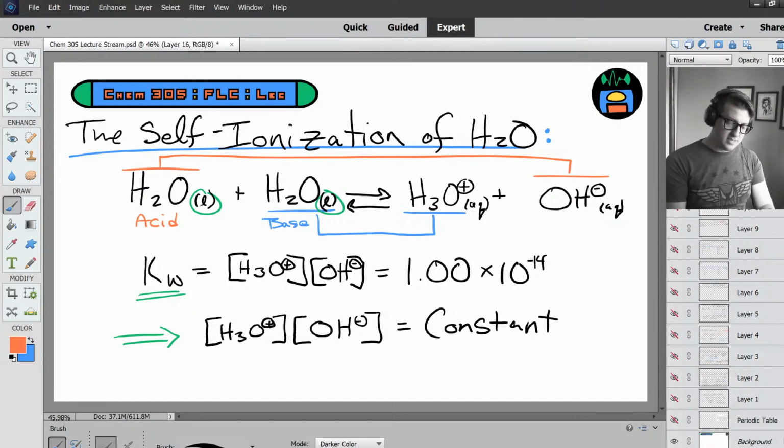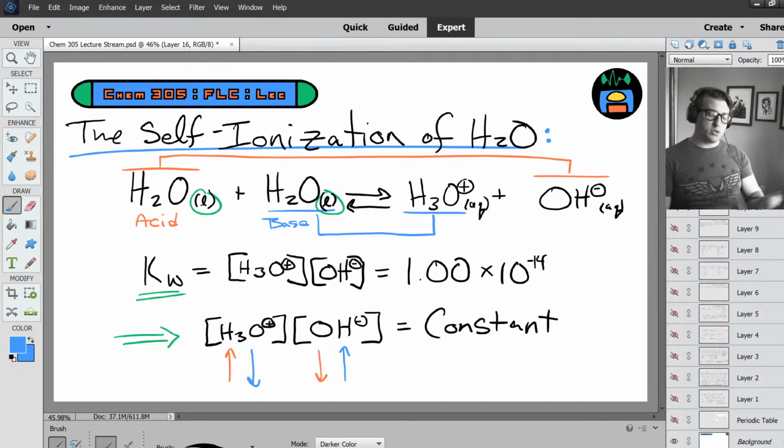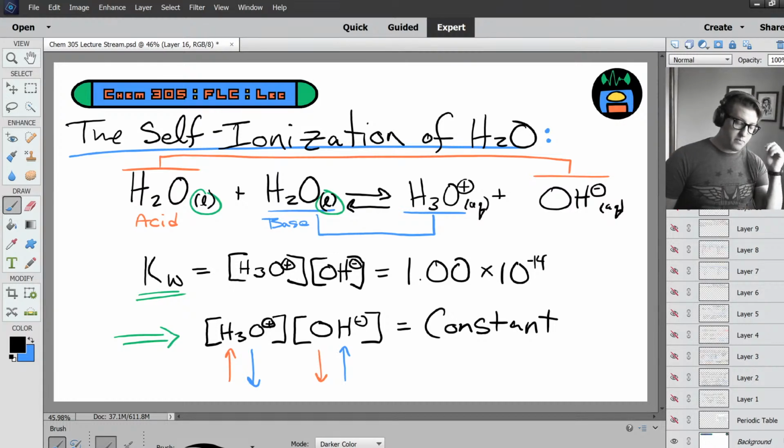That means that if your concentration of hydronium increases, your concentration of hydroxide has to drop. It also means that if your concentration of hydroxide increases, your concentration of hydronium has to drop, because when you multiply them together, no matter what those values are, they will always multiply to be equal to 1.00 times 10 to the negative 14.